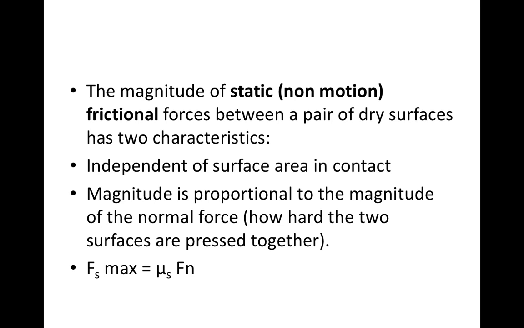And that might seem counterintuitive because you would assume that a greater surface area causes more friction, but that's not the case because a greater surface area reduces the pressure between two surfaces, which nullifies the effect of a greater surface area. Magnitude is proportional to the magnitude of the normal force, how hard the two surfaces are pressed together. So the static frictional force is equal to the coefficient of friction, mu s, times the normal force, the force that pushes the two surfaces together.